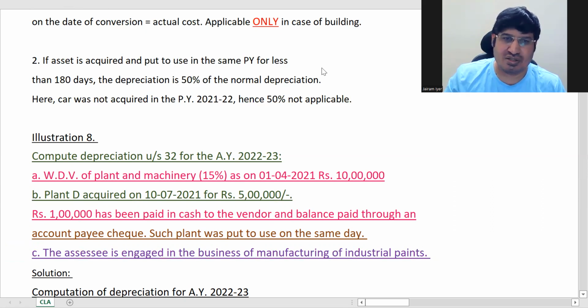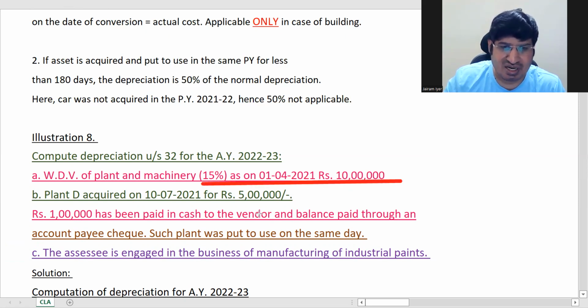Now what we have to do: first take opening WDV, and of this 5 lakhs, you have to deduct 1 lakh. 5 lakhs is the total amount, and 1 lakh paid in cash will be disallowed. What will be allowed is 4 lakhs.